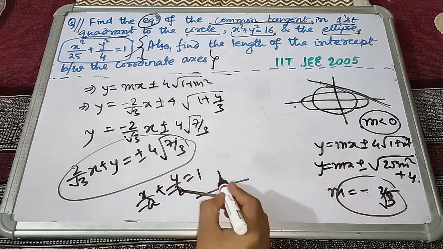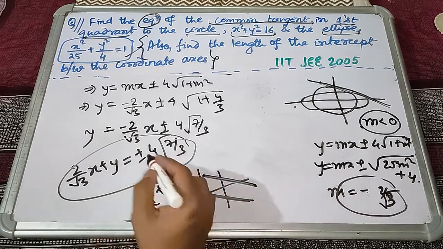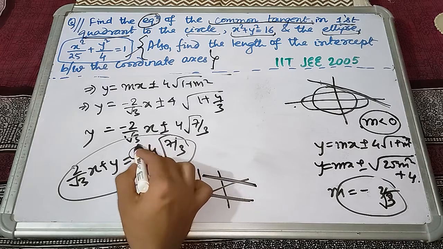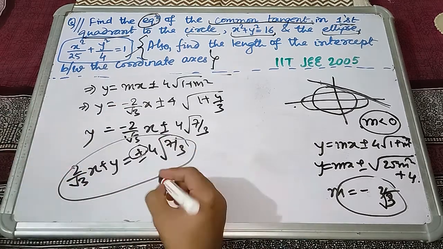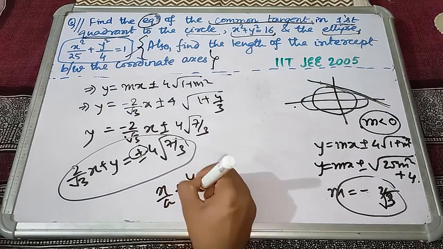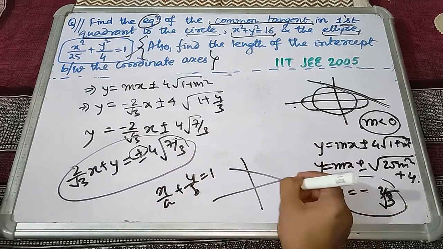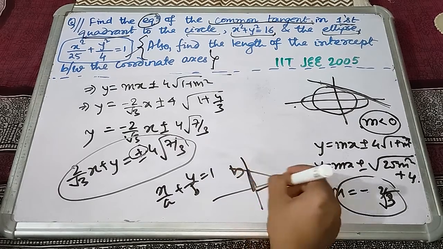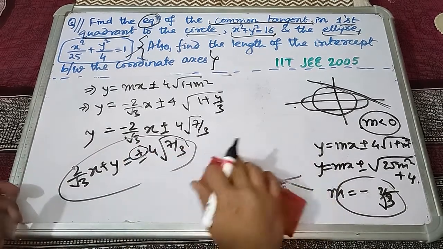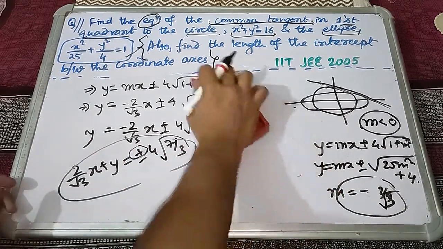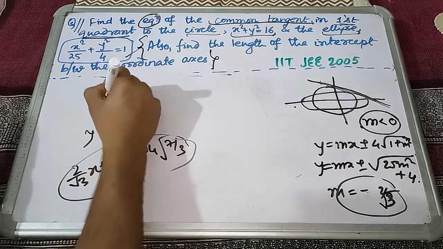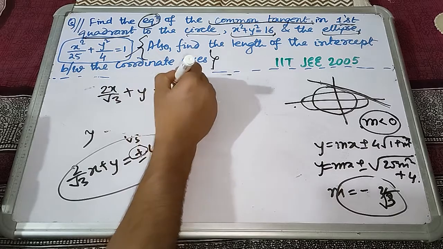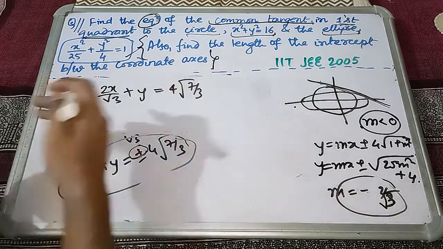We do not want that, we want a tangent like this. For that, the constant part should be positive, because from the intercept form you know that x/a + y/b = 1, both a and b are positive. So the final equation which we are accepting is 2x/√3 + y = 4√(7/3).